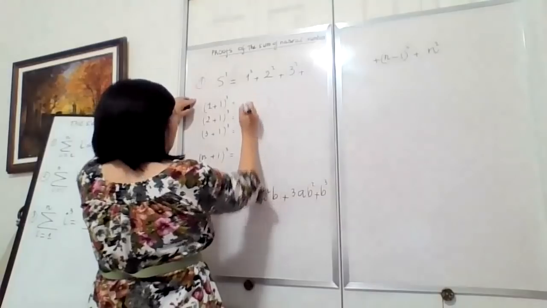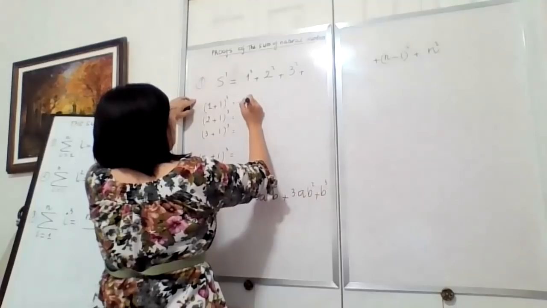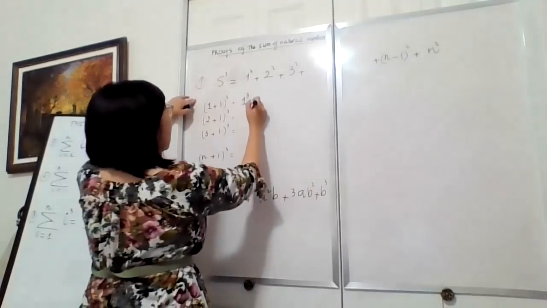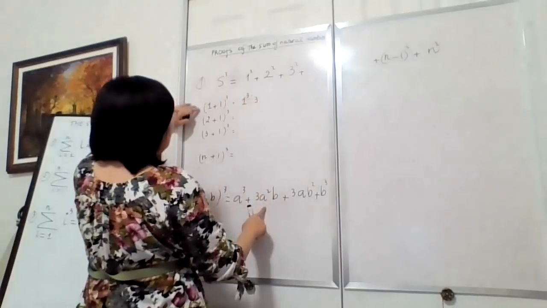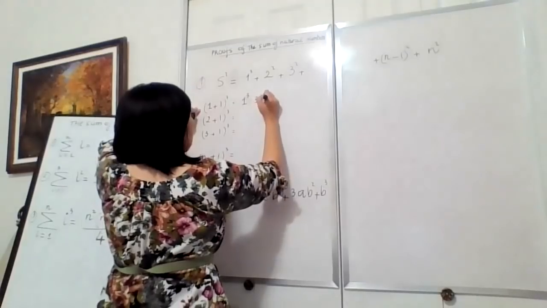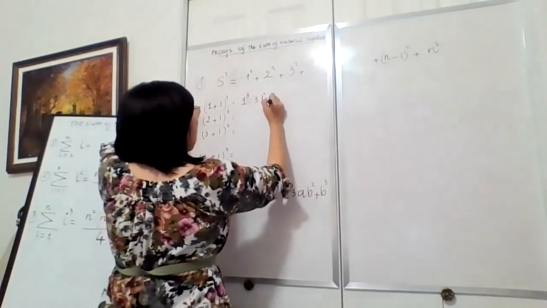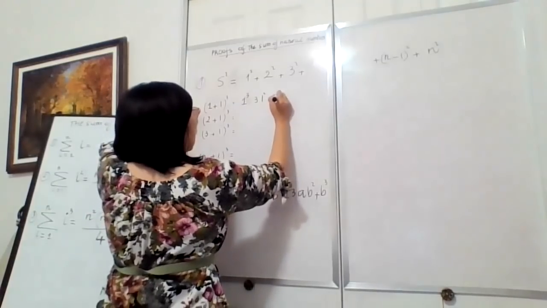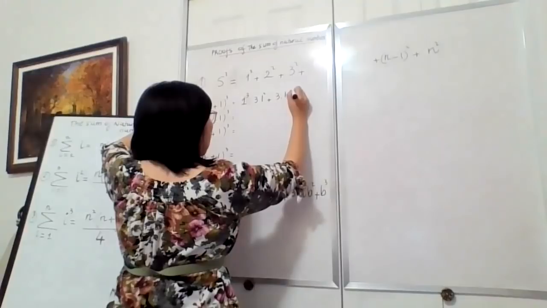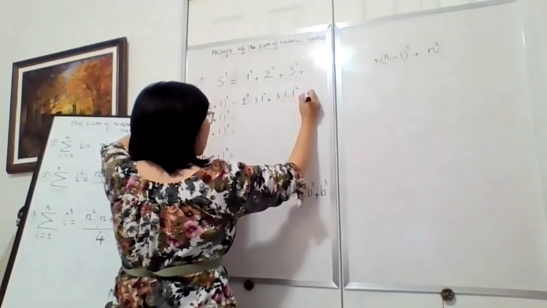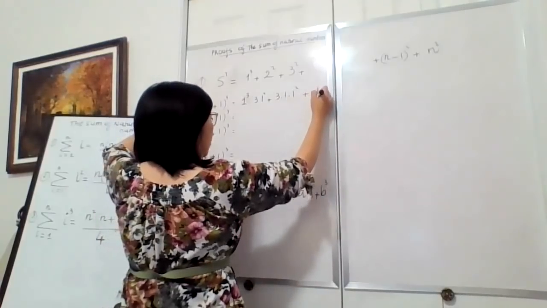So the first term will be 1 to power 3, times 3 times A square, which is 1 square, adding with 3 times 1 to power 1 times 1 square, and adding with the last one, 1 to power 3.